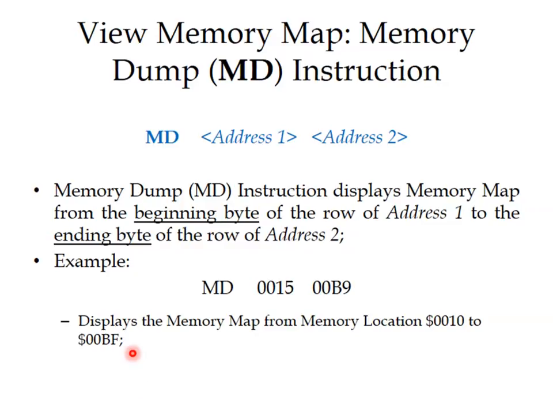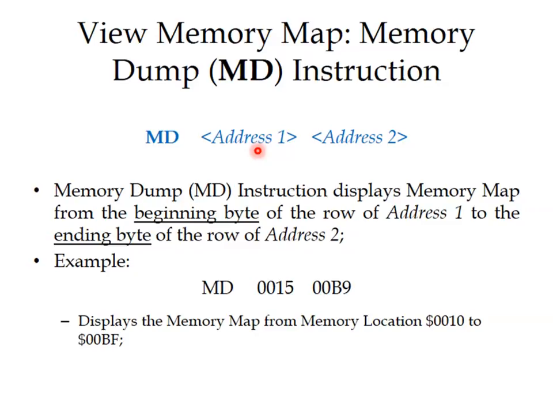We use an instruction called memory dump, MD. Just writing MD and then writing two addresses, you can see it, because when you write two addresses, your microprocessor shows all the bytes that you have between these 2 addresses.